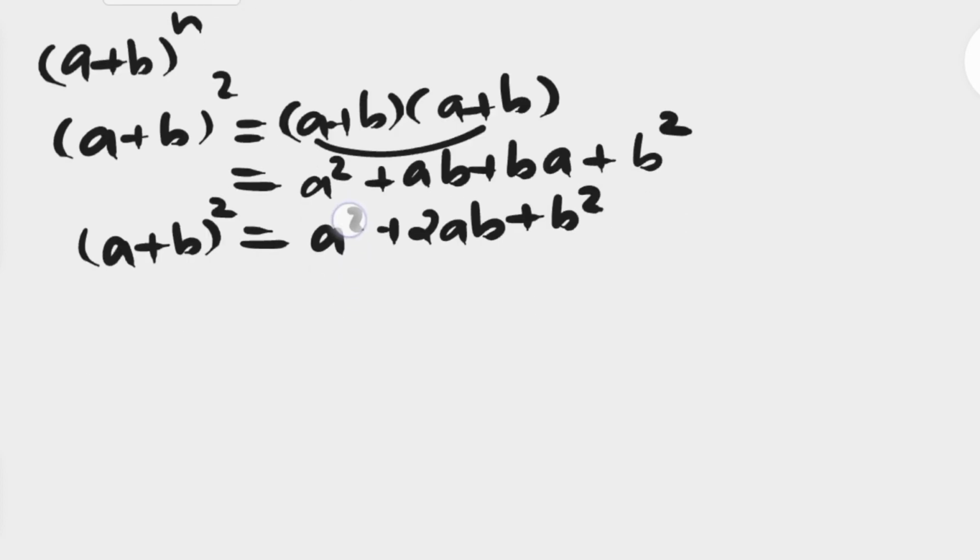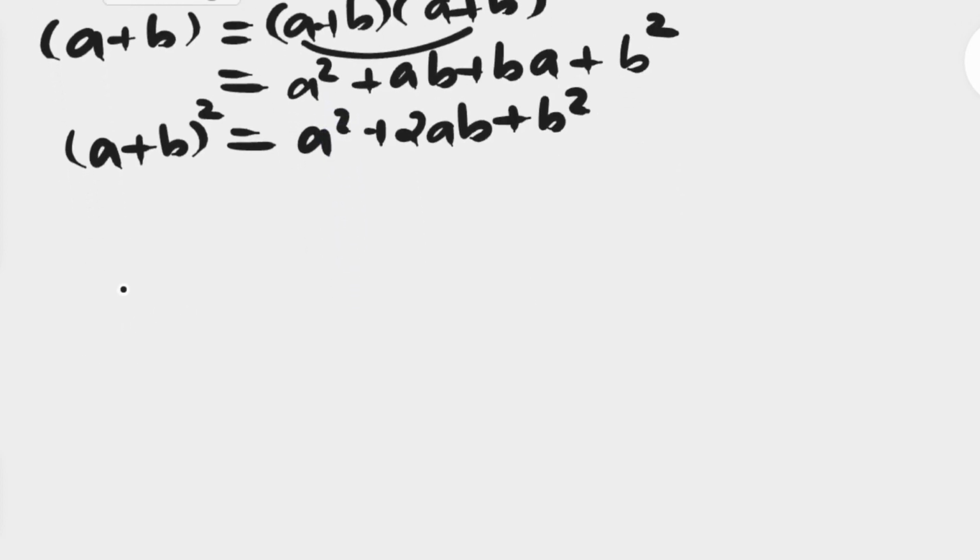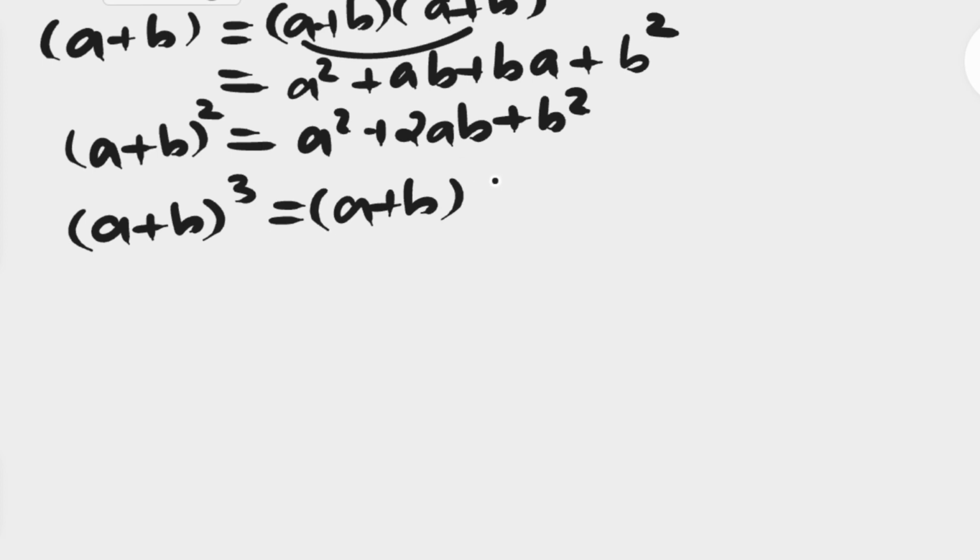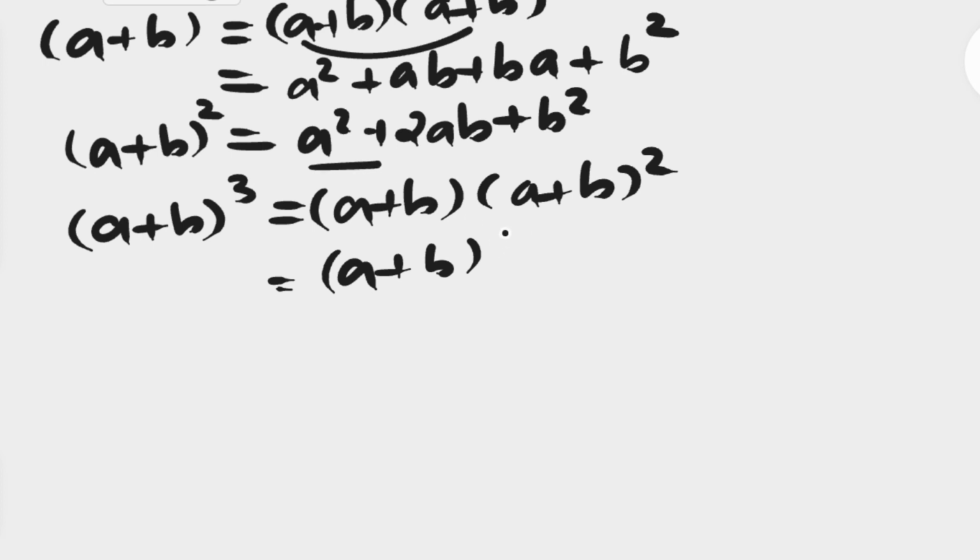Now let's try to expand (a+b) the whole cube. We can factorize it as (a+b) times (a+b) the whole square. And (a+b) the whole square is a square plus 2ab plus b square.